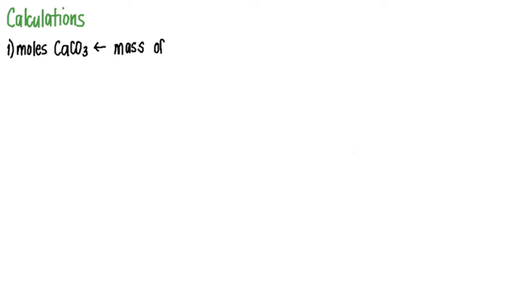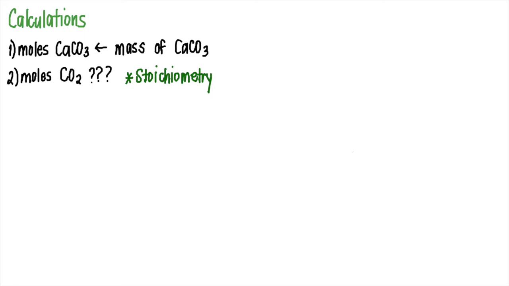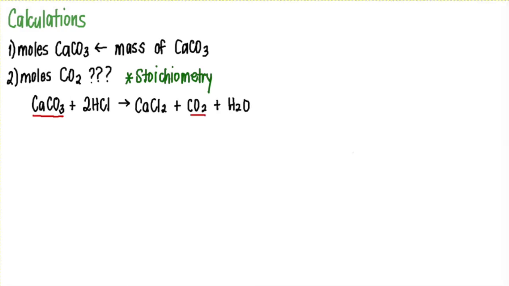Now let me guide you through the calculations. You will be able to get the moles of calcium carbonate from its mass. You need to apply stoichiometry because what you have is moles of calcium carbonate. How many moles of carbon dioxide is equivalent to 1 mole of calcium carbonate in our chemical reaction? So you should look at the balanced chemical equation. We see that the ratio is 1:1.